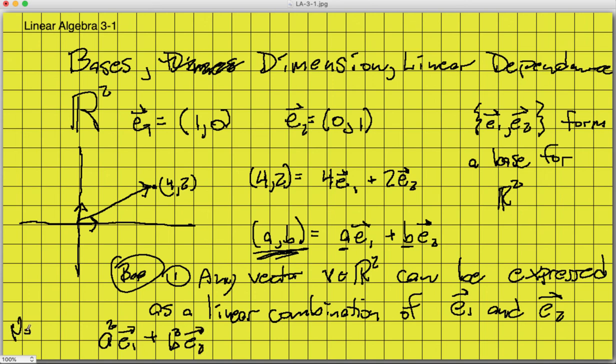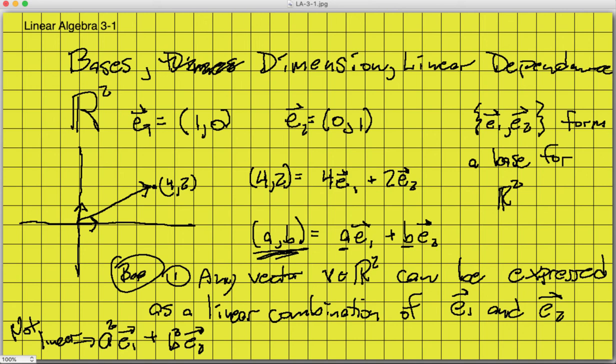This is not linear. Linear implies that these have an exponent of 1. And that's a very important thing. So to be a basis for the vector space means, first of all, that any vector can be expressed as a linear combination. And the second thing, let me just save this file.